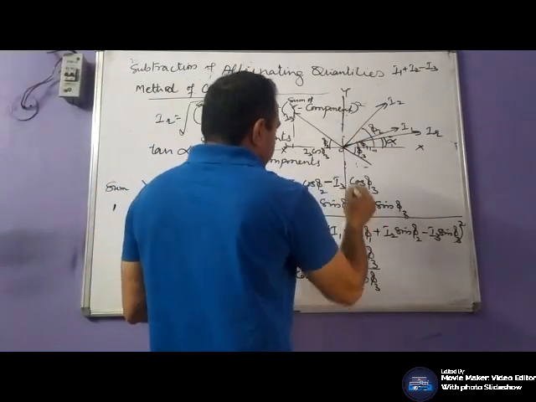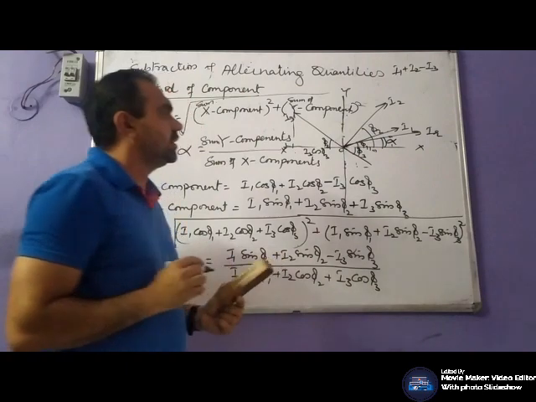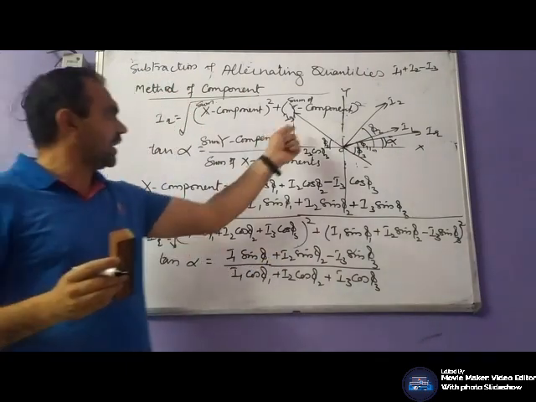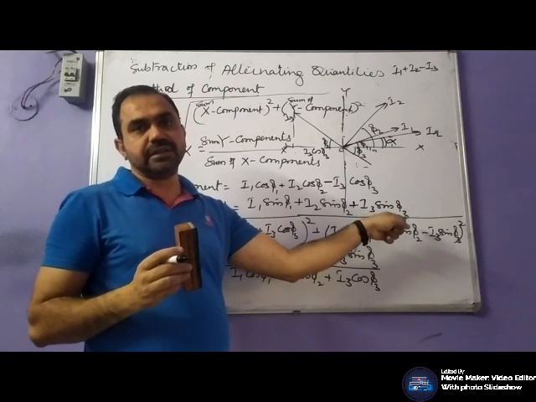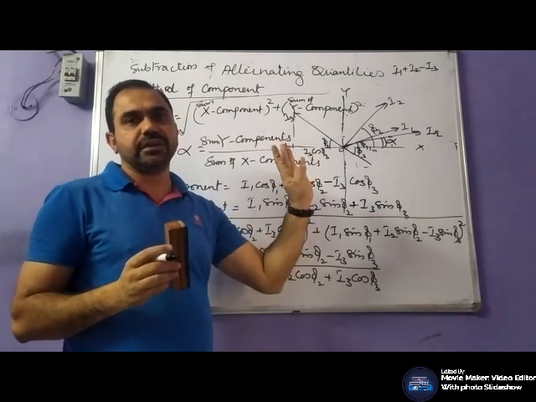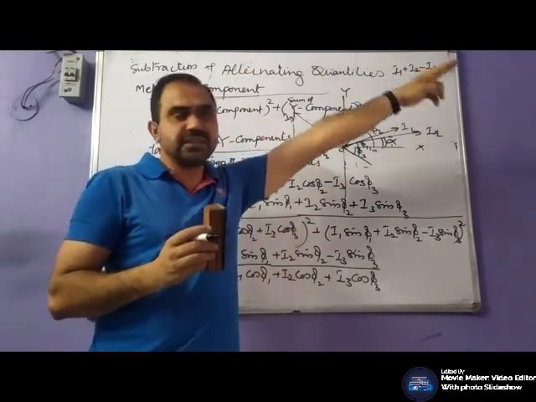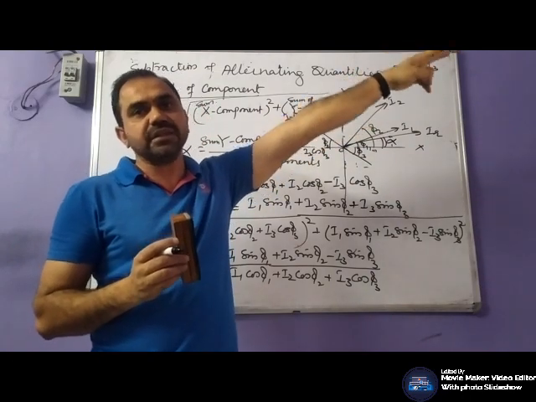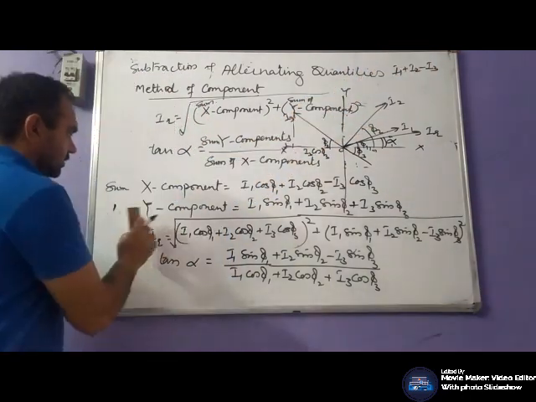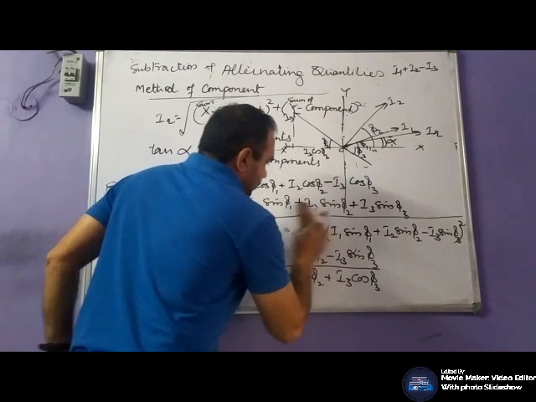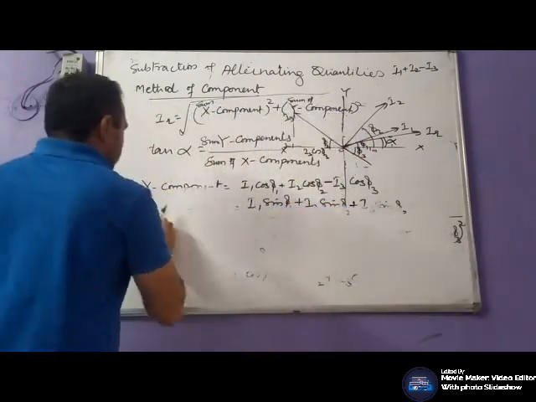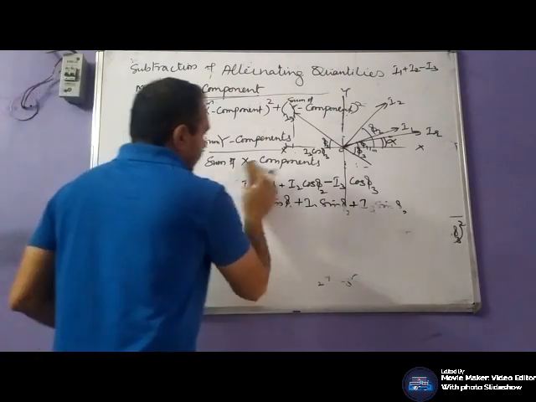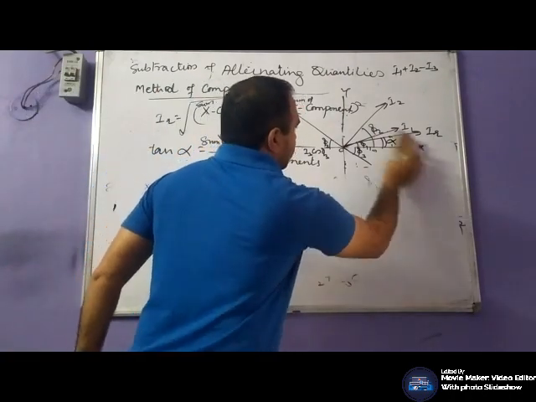Likewise, at the perpendicular axis, the value would be I3 sin of phi 3. So this would be the difference. We will get the resultant I1 plus I2 minus I3. So using the method of components, we can do addition or subtraction of a number of alternating quantities.